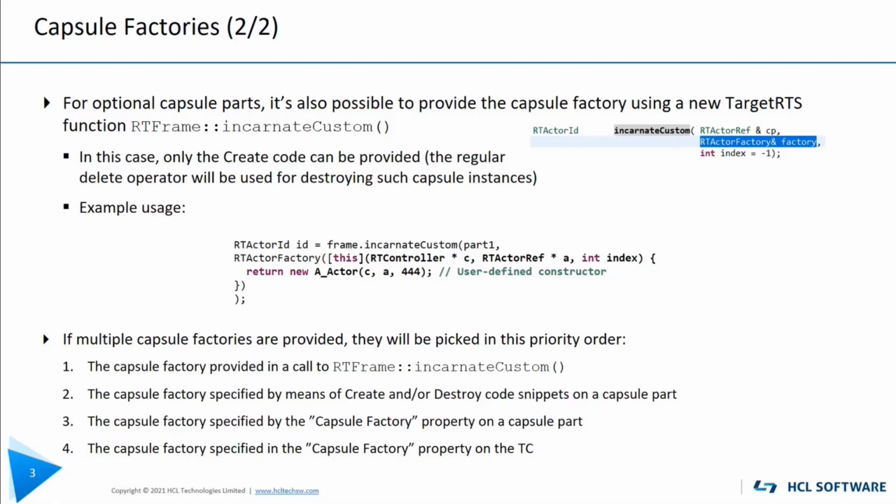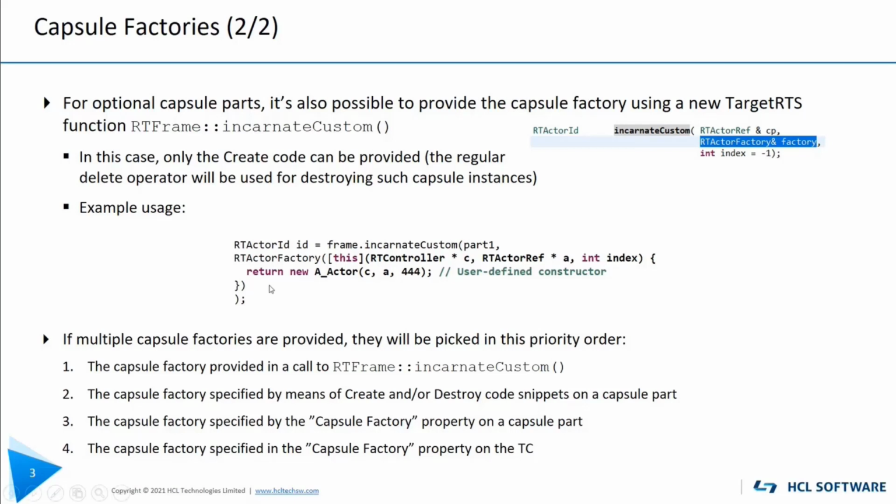And this RTActorFactory allows you to customize how to create the capsule instance, but not how to destroy it. The reason we did that was that we didn't want to have the overhead of keeping track of, for every capsule instance, which capsule factory was used for creating it, so that we could use the same for destroying it. So if you use optional capsule parts, you can customize how to create the capsule instance, but not how to destroy it. It will always be destroyed using the delete operator.